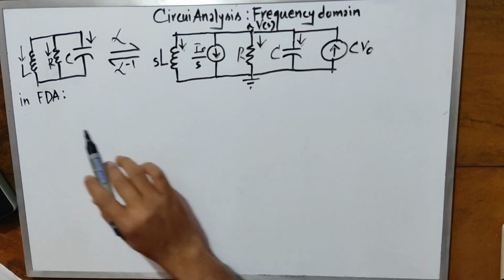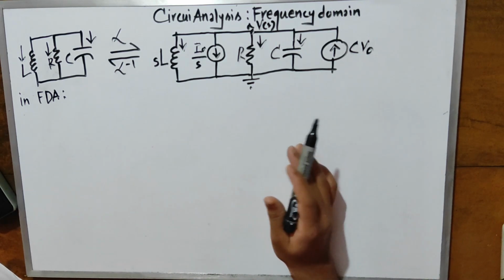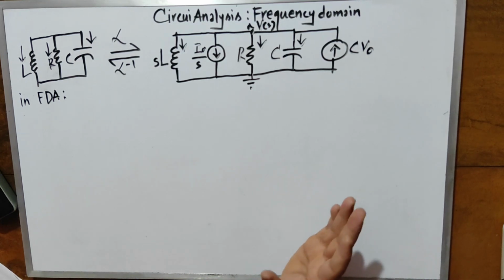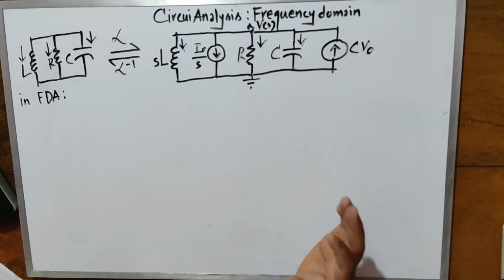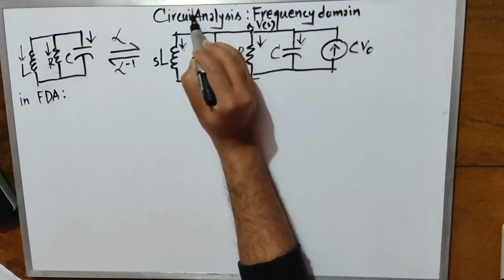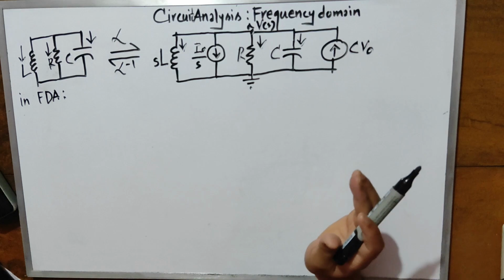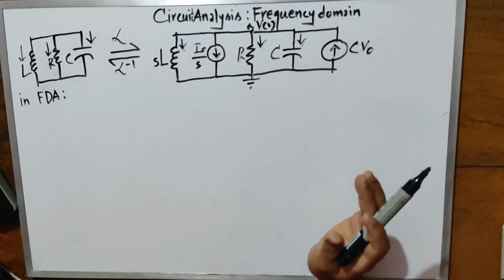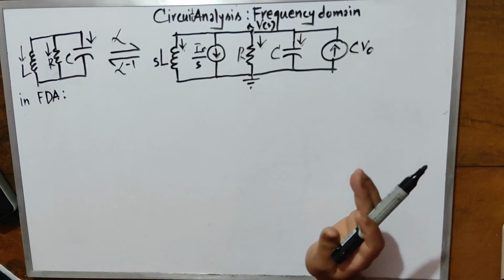You can see that I have done the Laplace transformation of this LTI system. We know that if a system is linear and time invariant, we can apply the Laplace transformation, by which we can analyze a system in complex frequency domain.